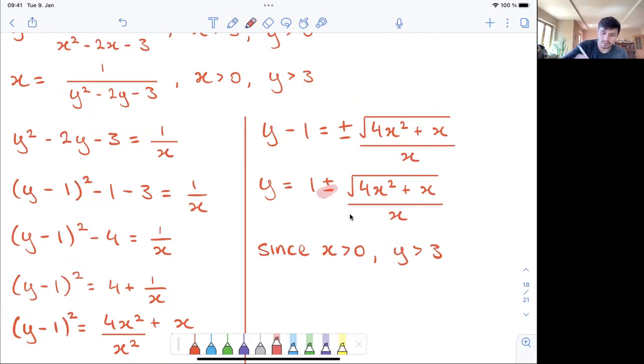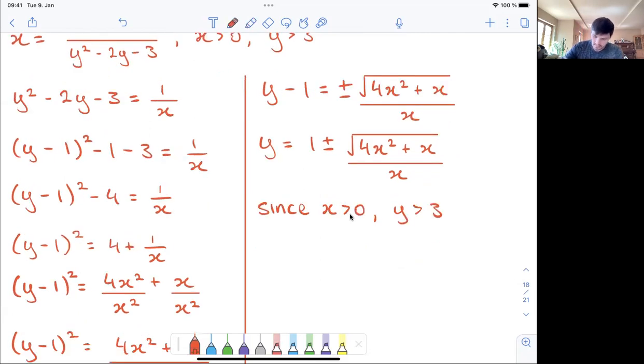If we had that, then knowing that x is greater than 0, this whole expression would give a value of y that is less than 3, which is not allowed. So therefore, y is equal to 1 plus the square root of 4x squared plus x over x.